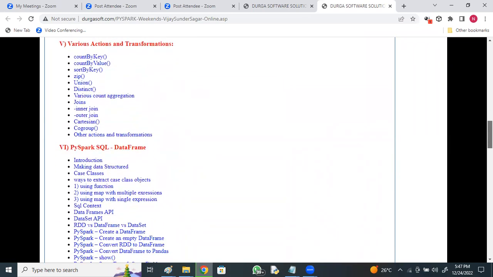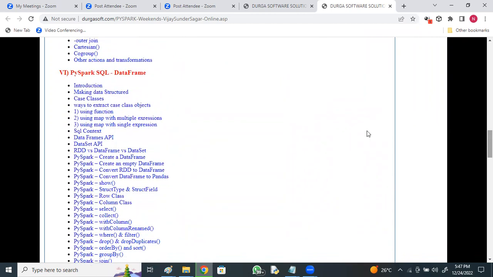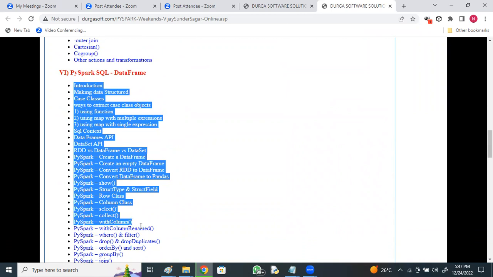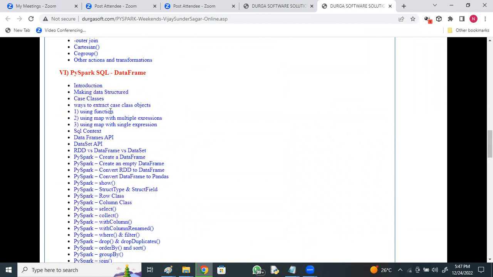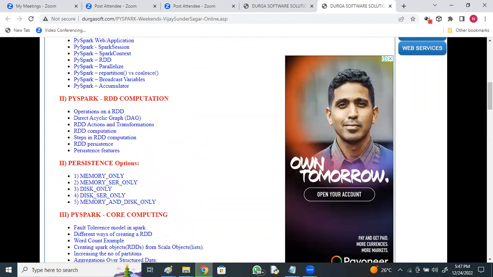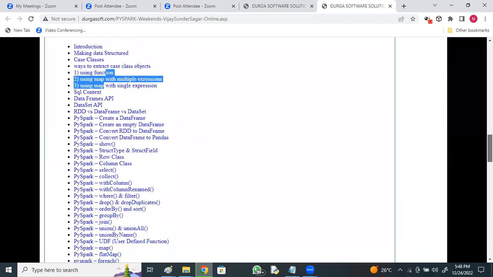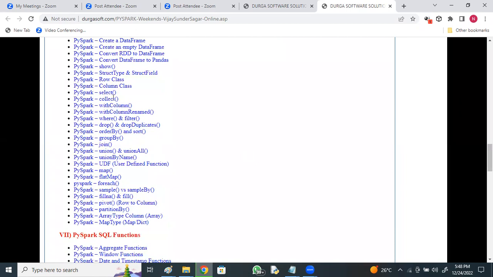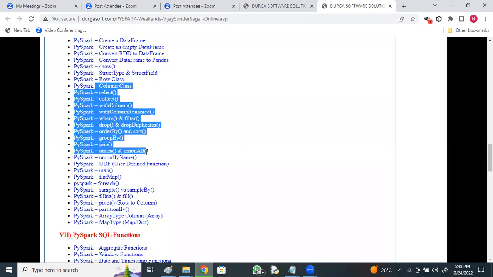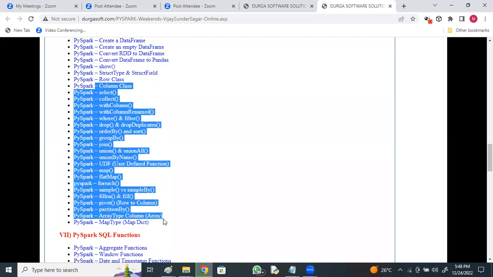And PySpark SQL, with a lot of inbuilt functionalities and APIs, and DataFrame concepts. There we don't write huge code; by using these, we perform the operations.